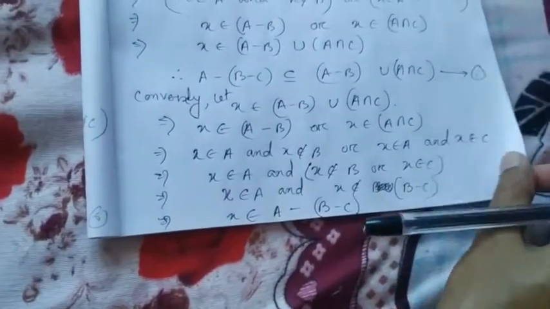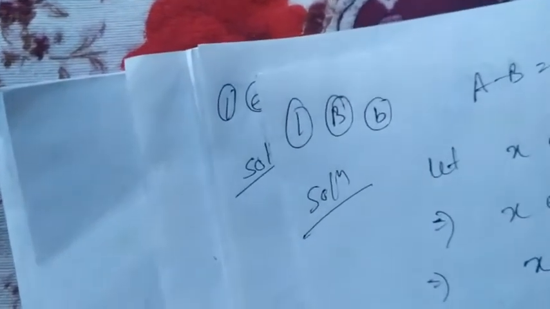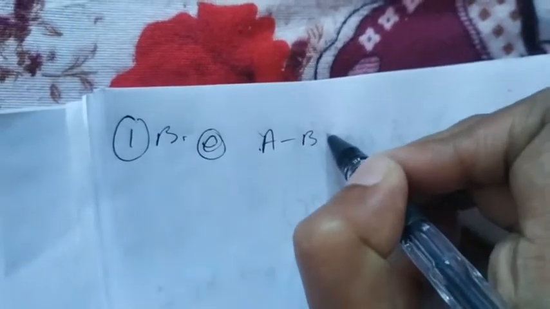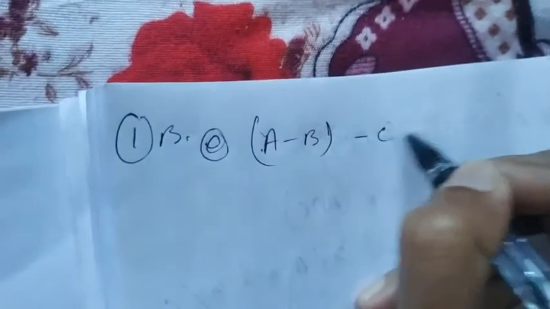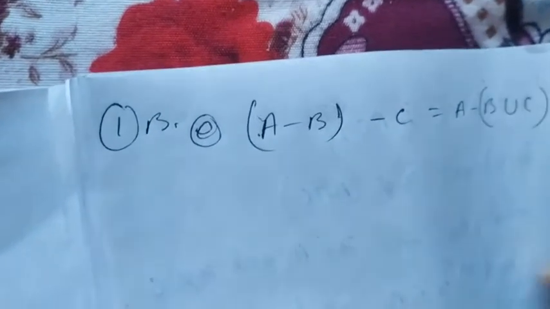Now the next question is 1B number E. So the question is that we have to prove that (A minus B) minus C is equal to A minus (B union C). This is what we have to prove.